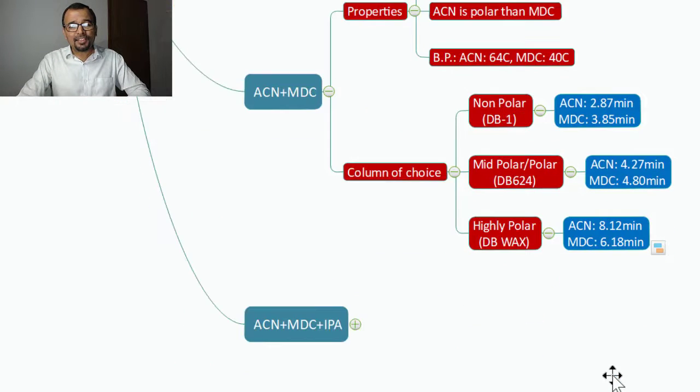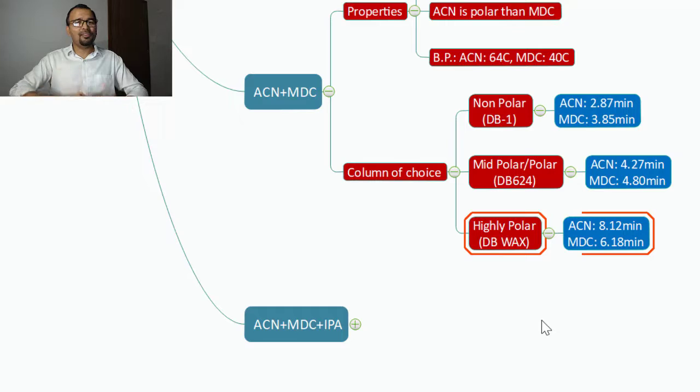When it comes to the retention of MDC, you can see there is a fall in retention of MDC as compared to ACN on the highly polar stationary phase. Why is this so? Because ACN is more polar as compared to MDC. So ACN is going to have much more interaction with the stationary phase, and not the MDC, and because of that the MDC is now eluting early as compared to ACN.